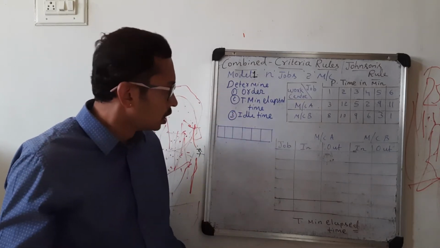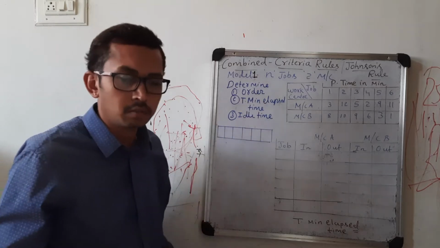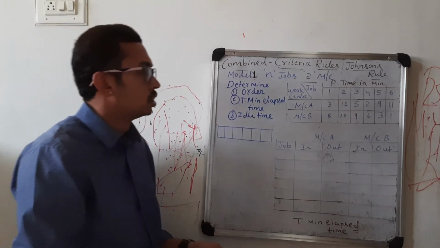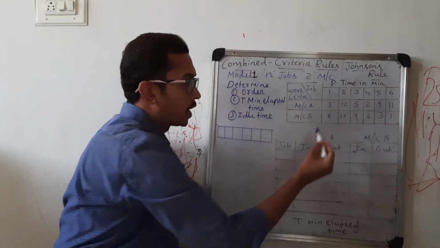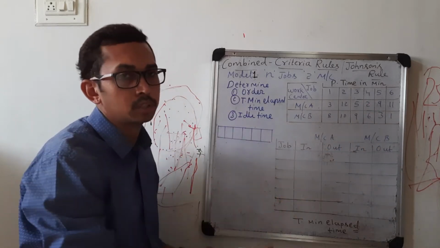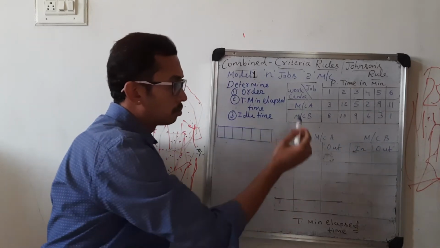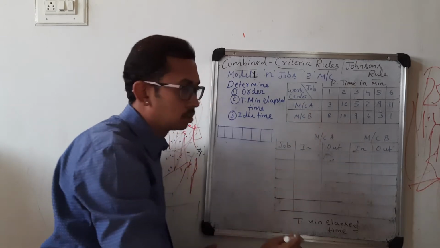Now let us see how to do the sequencing. First, we need to identify the minimum processing time. Where is the minimum processing time in machine A and machine B?